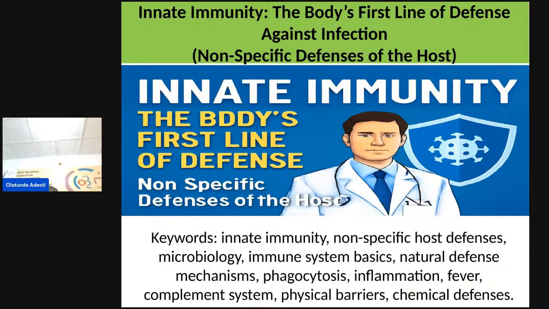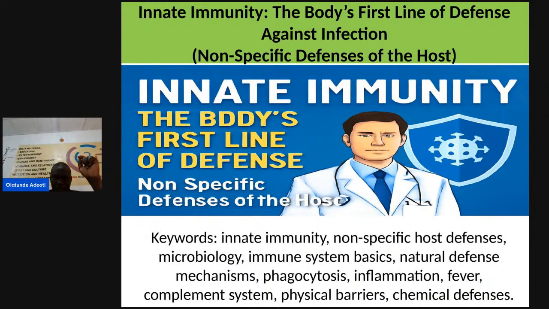The other time, in the previous lectures, I made mention of different types of immune system. We have the innate immune system, and the other one, which is acquired. From the word acquired, we will know what exactly it is all about. So, without wasting our time, our focus today is going to be innate immunity.